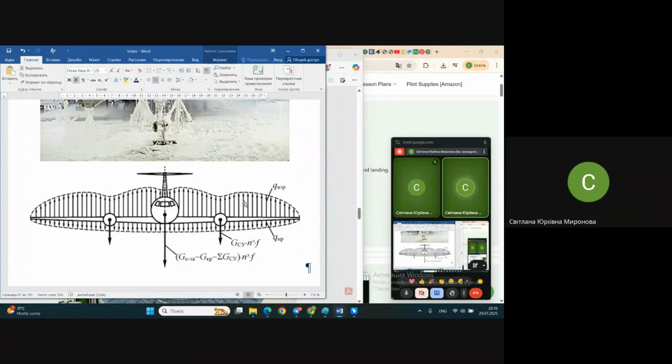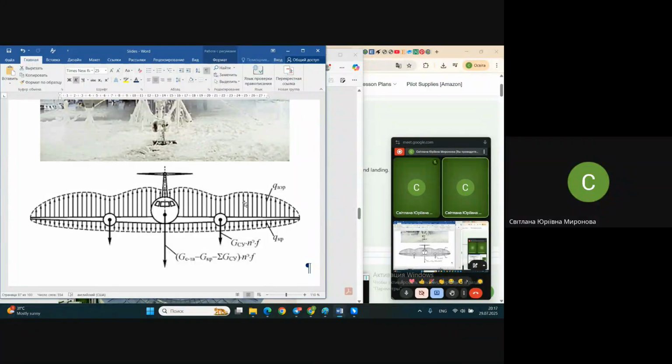All those loads regularly change during the flight, and in order to start some calculations of the aircraft structure, we may separate so-called flight cases into some groups.